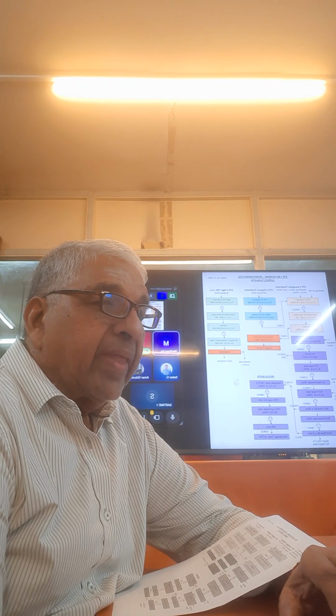Now, the 8 KLD which you are showing from the UF stage modules, where does that go? The UF stage, this is the backwash water, this will go to the ETP1. Yes, so that again through drain will go back to the ETP collection tank.